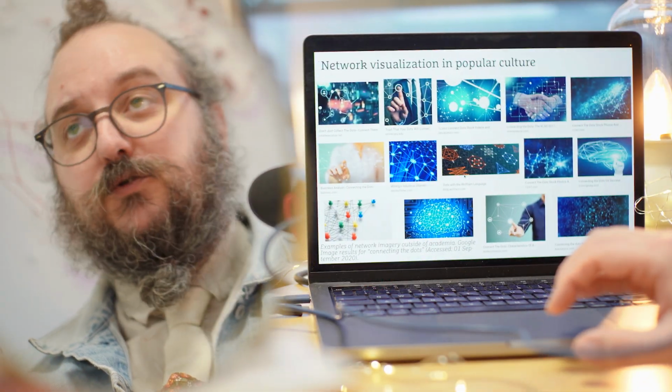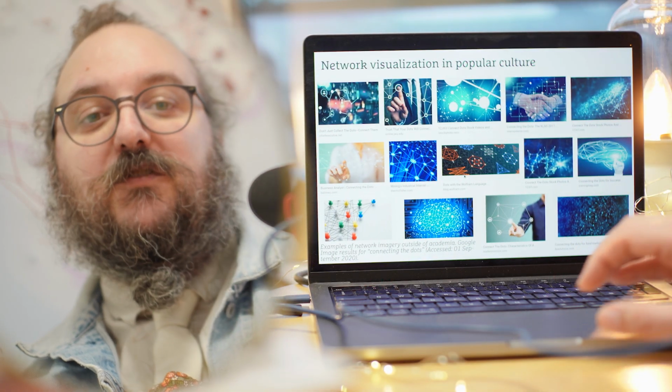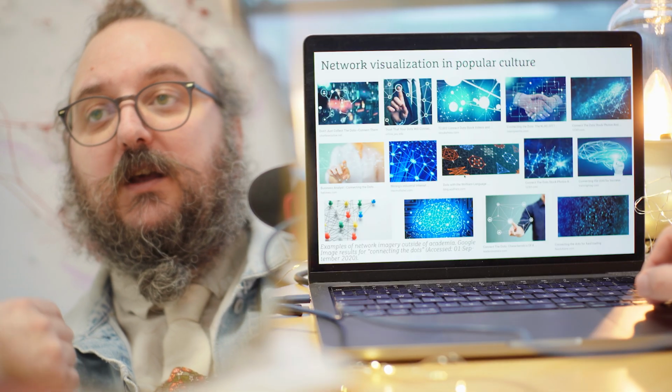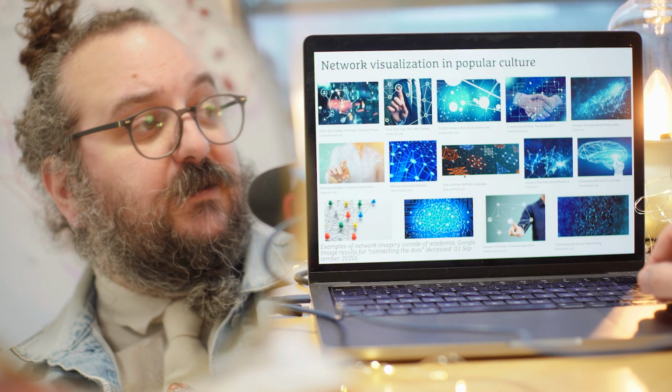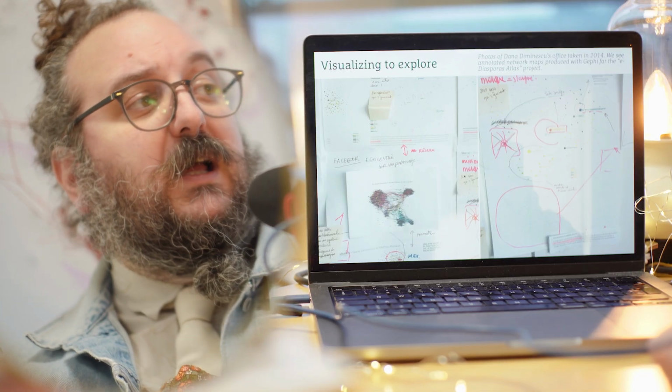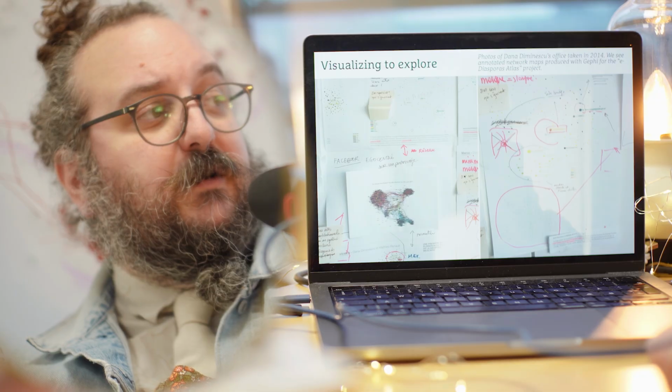But before we go to examples of networks to work with, let me give you a few examples of networks that have been used in other contexts. I will just start with this picture I took in the office of Dana Diminescu.